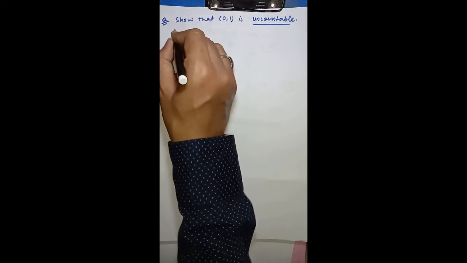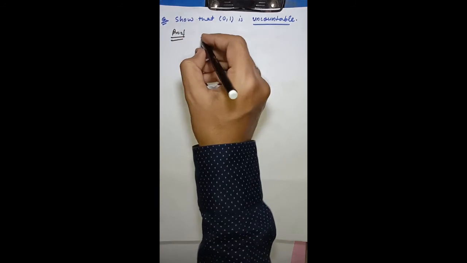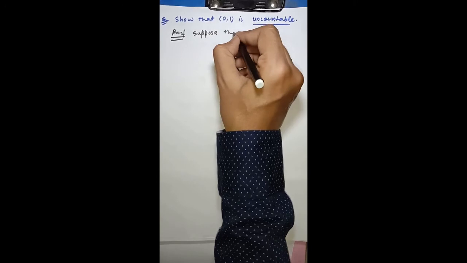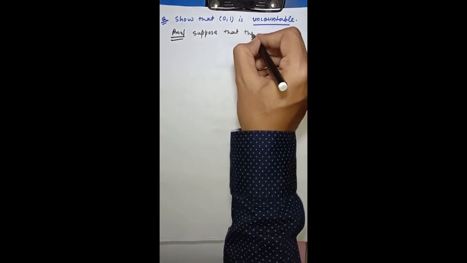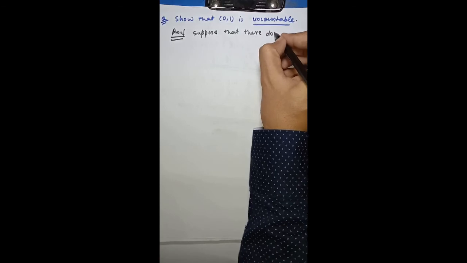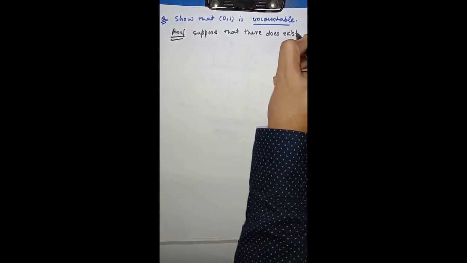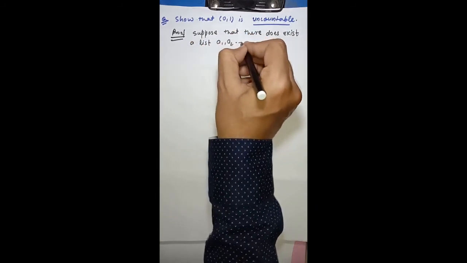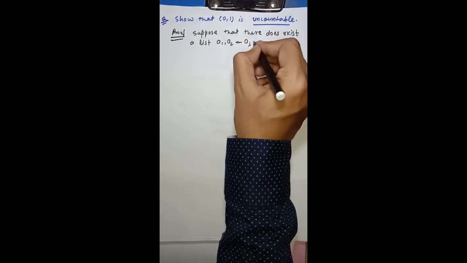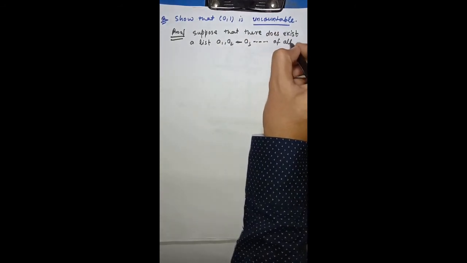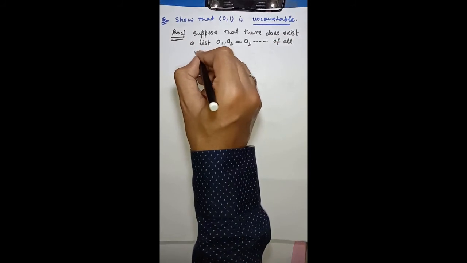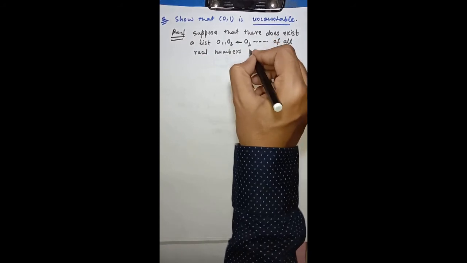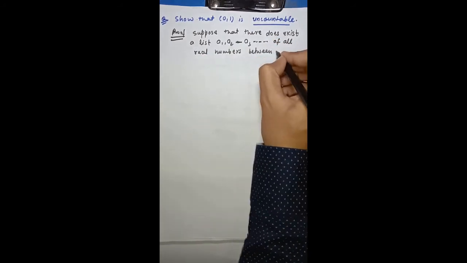And the proof is, suppose that there does exist a list A1, A2, A3 and so on of all real numbers between 0 and 1.